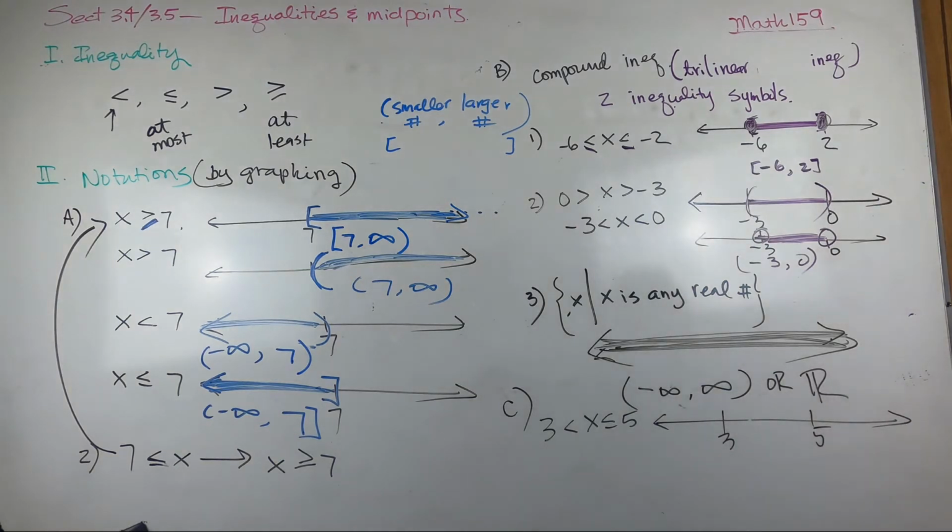It includes everything in between, but not 3, so you make 3 hollow, and include 5, so you make 5 solid. In interval notation, 3 is non-inclusive and 5 is inclusive, with everything in between.